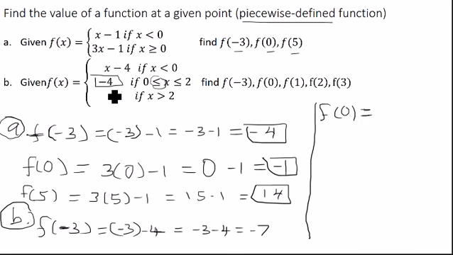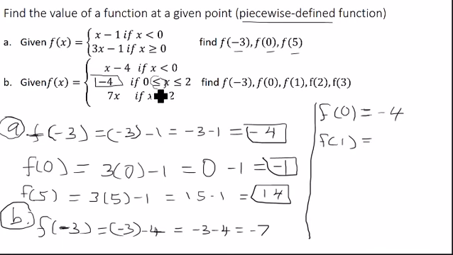So regardless of the value of x, this branch remains constant throughout the interval from 0 to 2. So whether you put x equals 0 or 0.5 or 1 or 1.5 or 1.7, there are infinitely many values between 0 and 2, and for all of these values of x, the value of the function is always going to be negative 4.